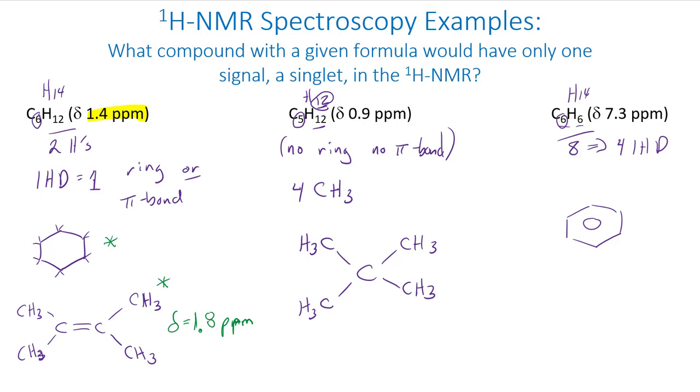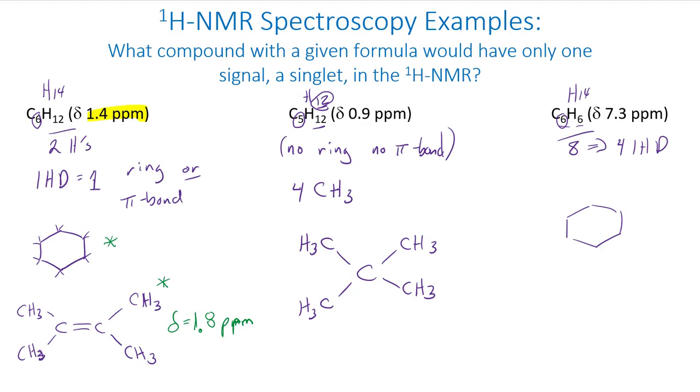And if we remember with a benzene ring, if we look at those individual pi bonds, we've got 1, 2, 3 pi bonds in a ring. So this structure fits our formula, and if we draw in the 6 hydrogens, 1 on each carbon, we realize, of course, that they're all going to be the same.